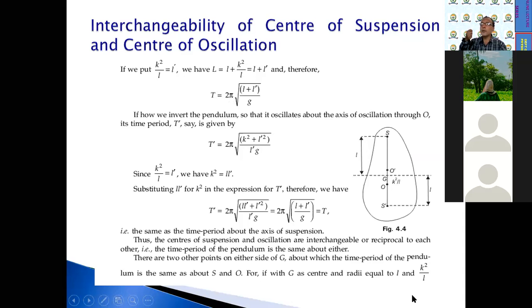Now I take the pendulum and invert it: the center of oscillation becomes the center of suspension and the center of suspension becomes the center of oscillation. Again the time period is measured for, suppose, 30 oscillations, and if the time period about S and the time period about O are found to be the same, it means that the center of suspension and the center of oscillation are interchangeable.